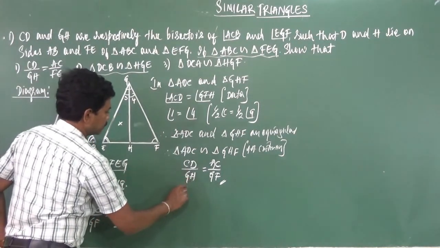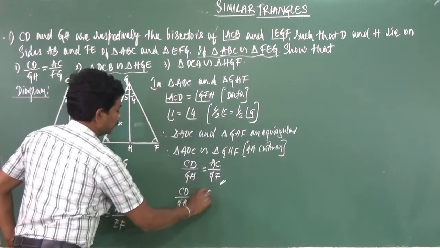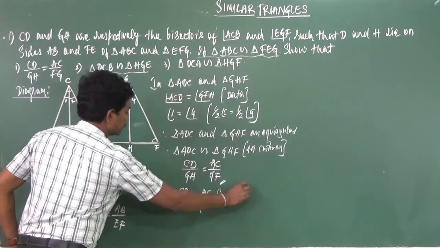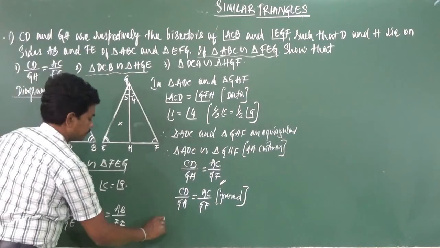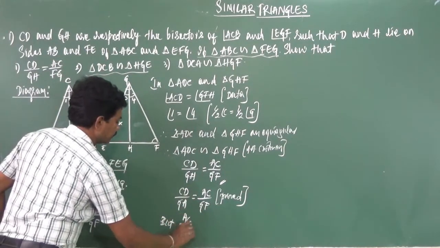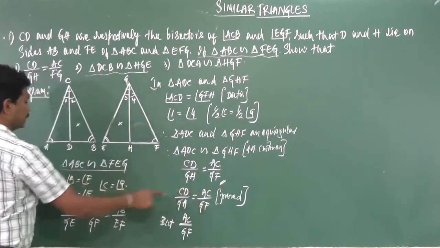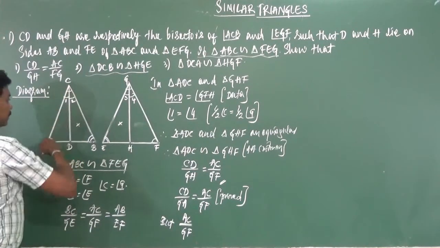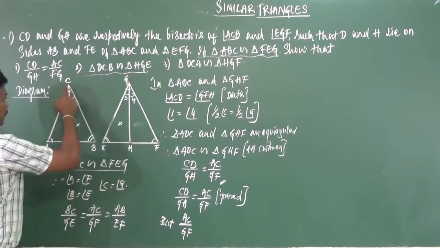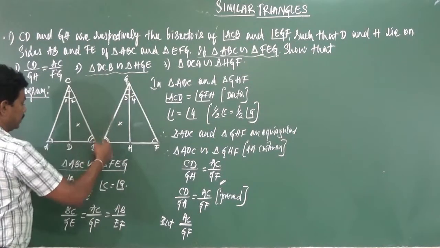So CD by GH is equal to AC by GF. So it's already proved. Just now we have proved that, right? But AC by GF, that is this ratio, we will take the single ratio, that is AC by GF is equal to BC by GE.